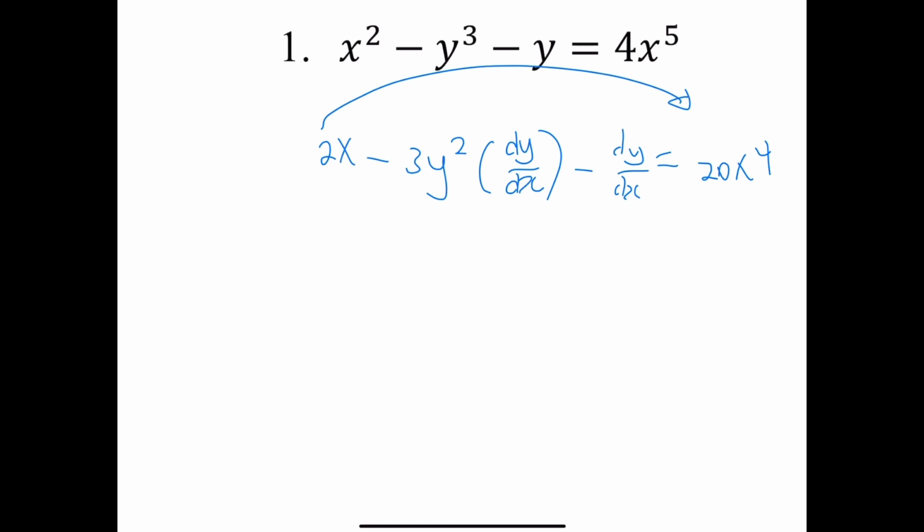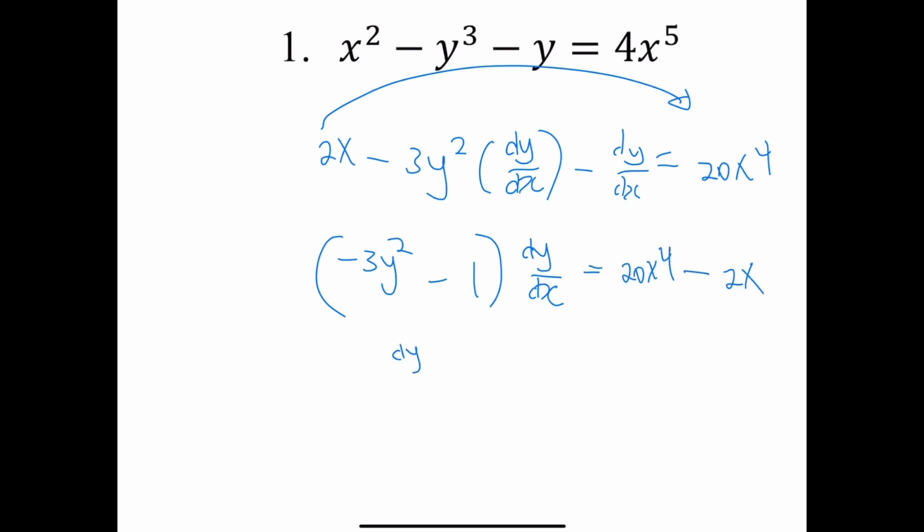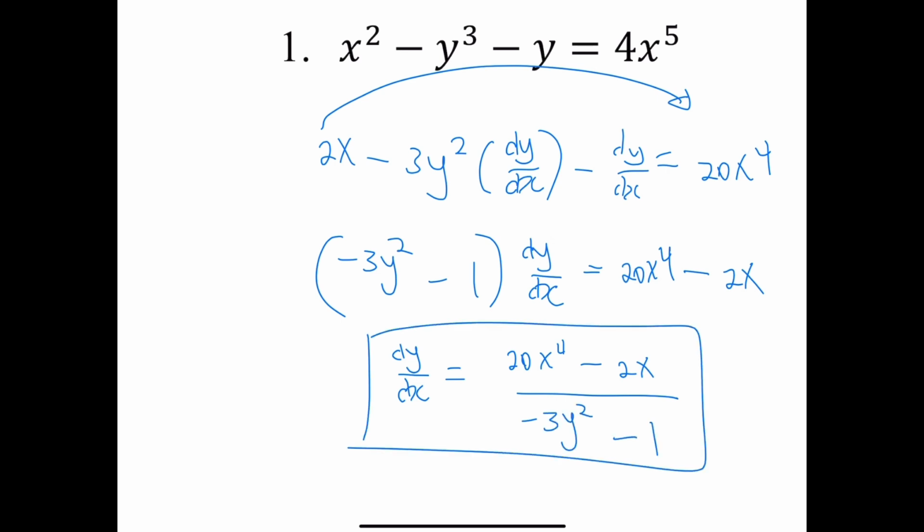So let's just say 3y to the second power minus 1, you factor out the dy/dx, is equal to 20x to the fourth power minus 2x. So that means dy/dx is equal to 20x to the fourth power minus 2x all over negative 3y squared minus 1. This will be our answer.